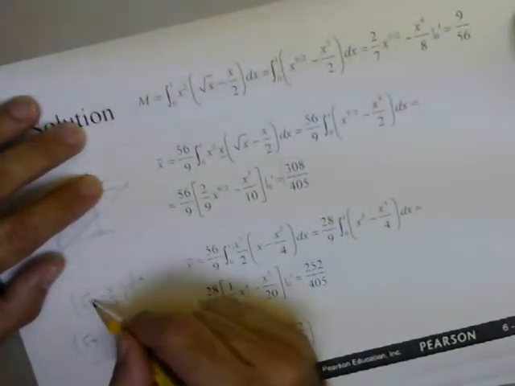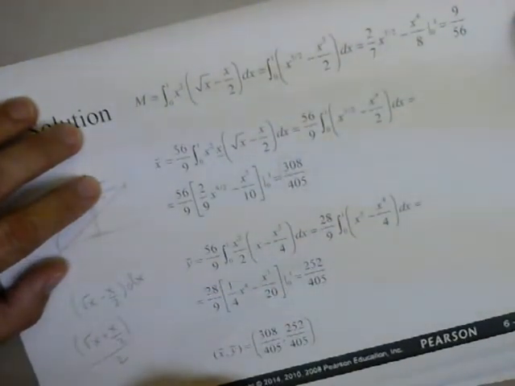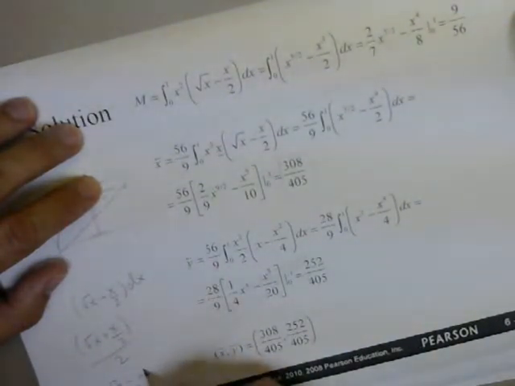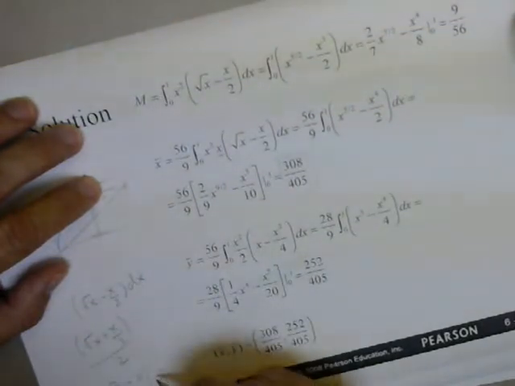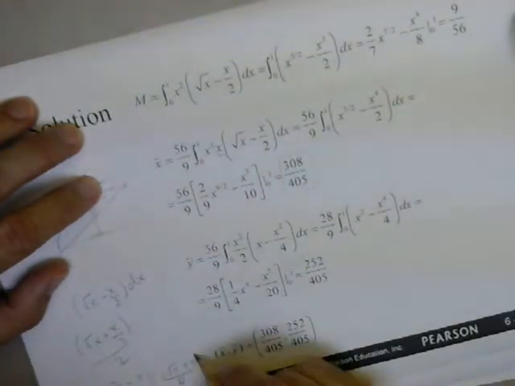Let's simplify this first. If I add this together, I'll get 2 square root of x minus x, all over 2. And for this, if I add these together, I'll get 2 square root of x plus x, all divided by 2. But that's also divided by 2, so that'll be divided by 4.